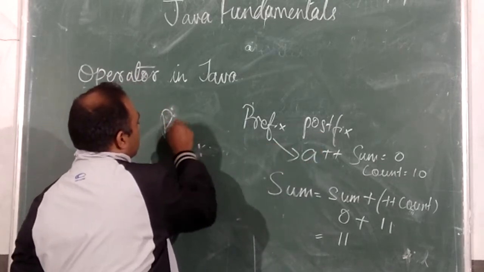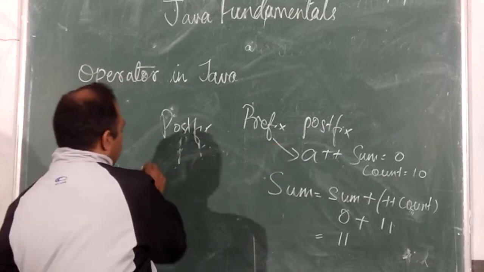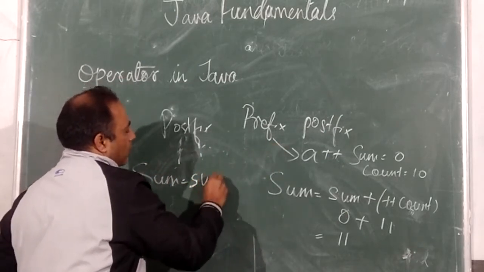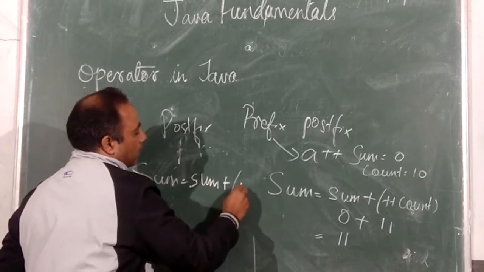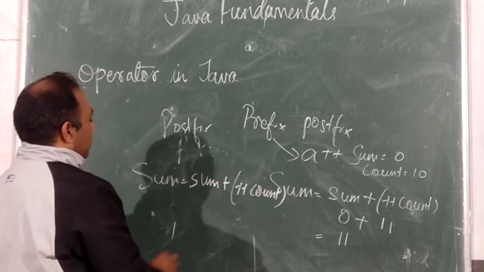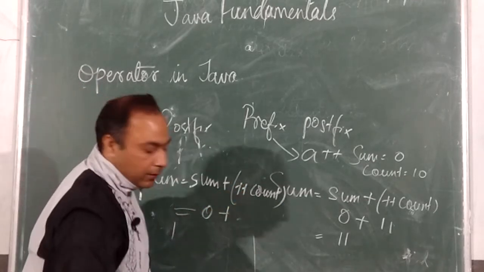If this is the same equation, sum equals sum plus count, then 0 will be there plus count plus plus.